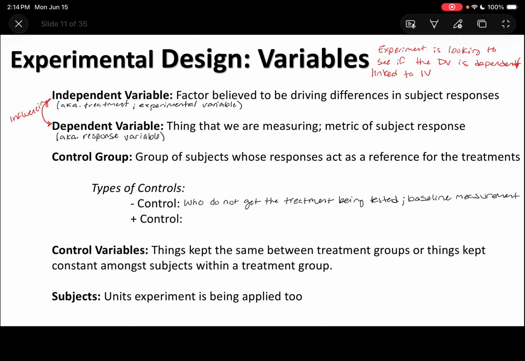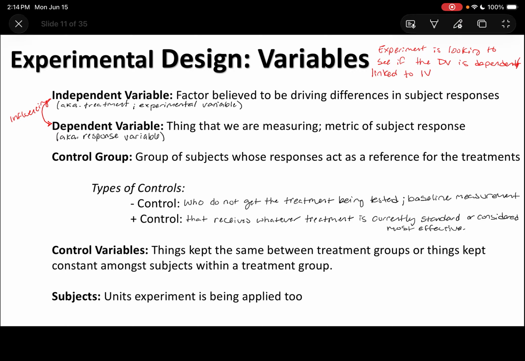The positive control group is going to be a group that receives whatever treatment is currently standard, or considered most effective. So a lot of times when we come up with a treatment or an intervention that we're testing, there might already be something that is generally used in those circumstances.